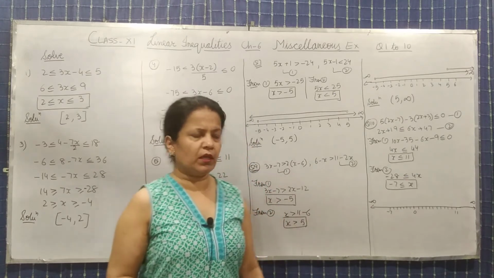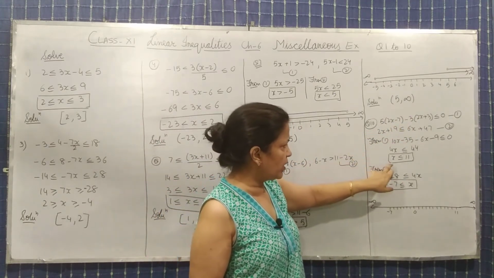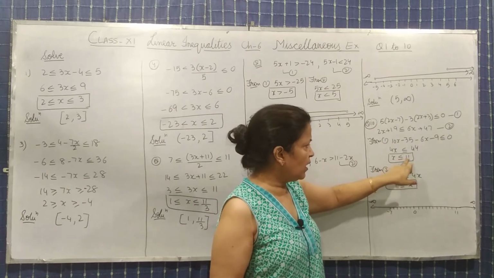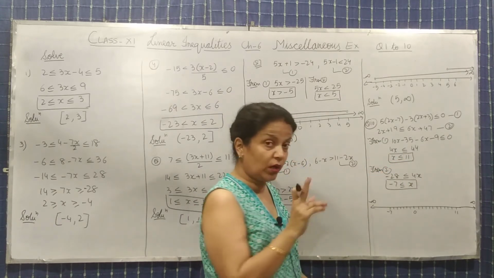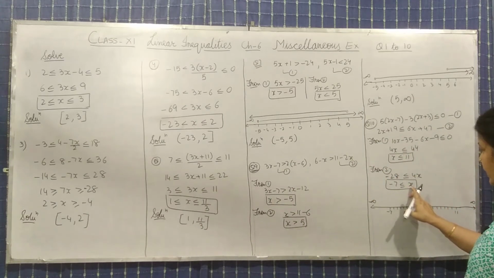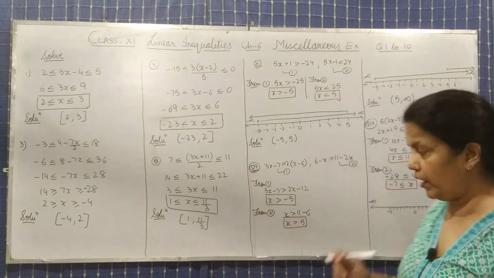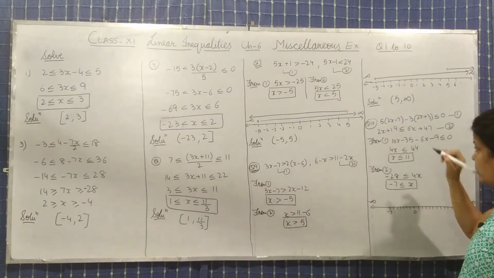In question 10th, again two linear inequalities. From first you are getting x is less than equals to 11, equal भी है, just remember it, and in second case you are getting x is greater than equals to -7, तो equal है, so it will be the filled circle.